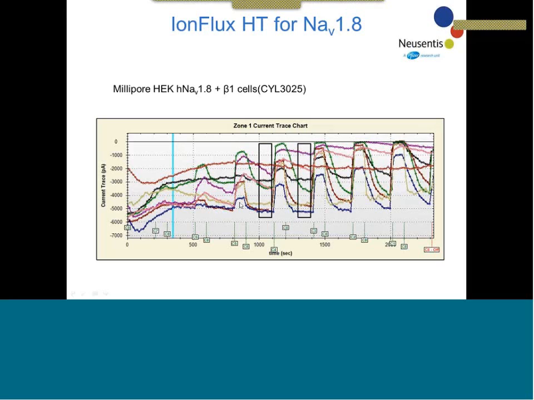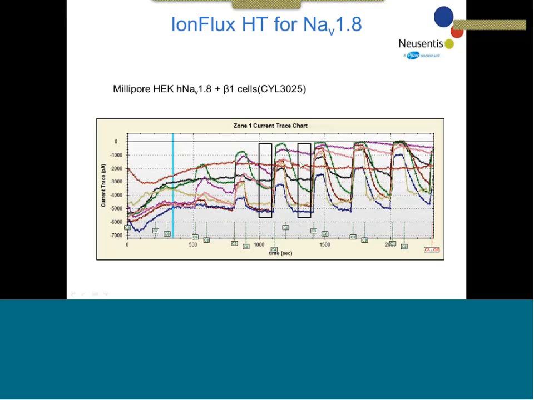So if you're comparing, for instance, the blue trace, which is a standard local anesthetic reference compound, you can see that after the compound blocks some of the current, once you wash it out, it comes back to baseline very nicely. However, if you look at the compound in purple, you can see that upon wash-off, it comes off very slowly.